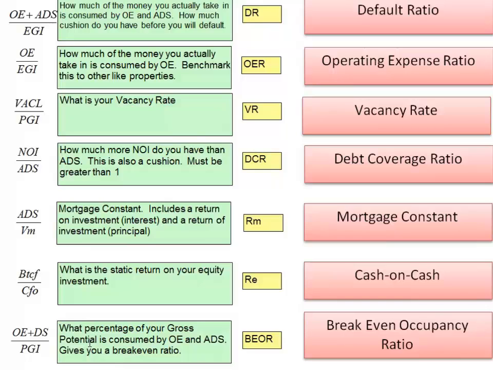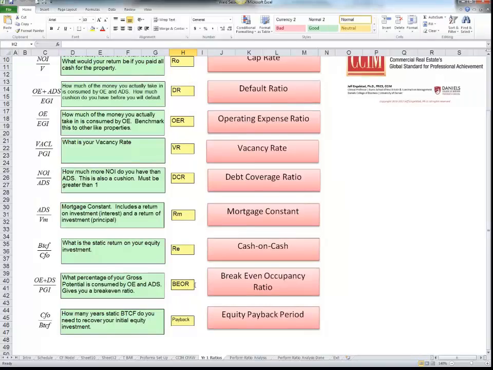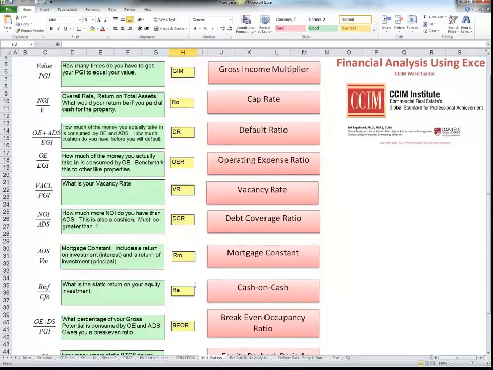Now, if I have different units that are rented for different amounts per square foot and things like that, it's not going to give me a physical break-even occupancy, but it's going to give me an economic break-even occupancy percentage. So those two, I think, kind of go hand in hand.